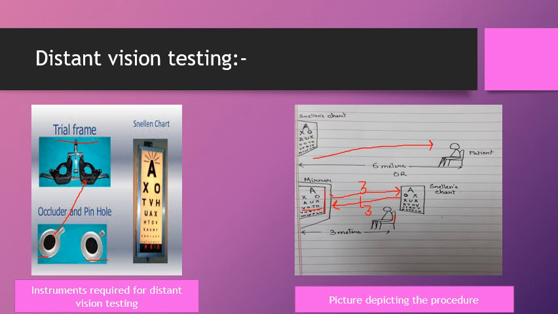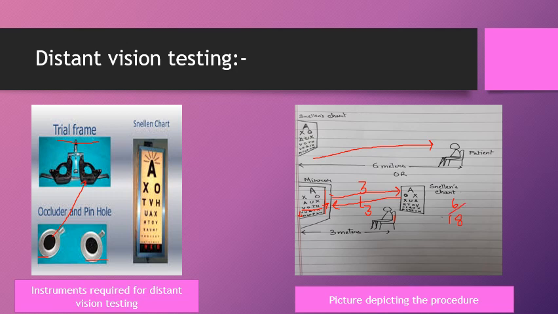Beyond this line he cannot read the lines properly. So if the last line he reads is 18, this 18 is present adjacent to that line in the Snellen's chart. Then his visual acuity will be 6 by 18.